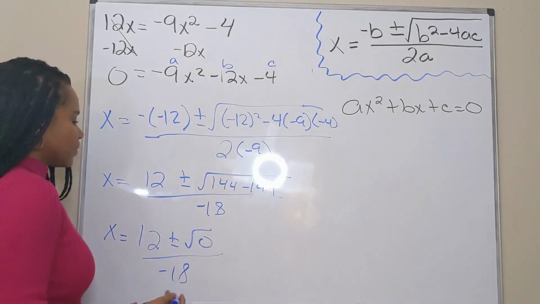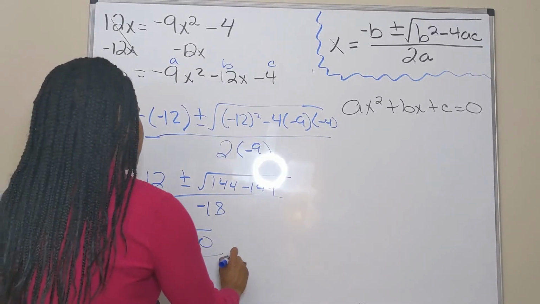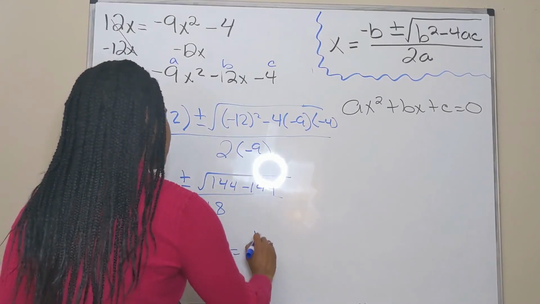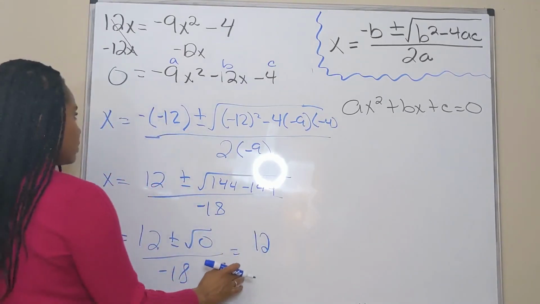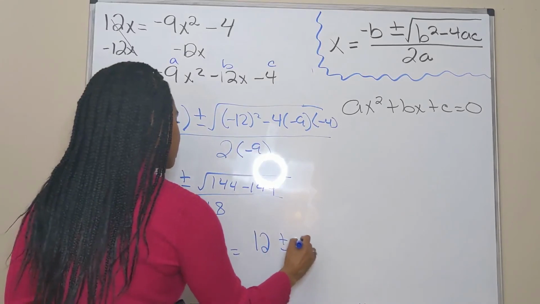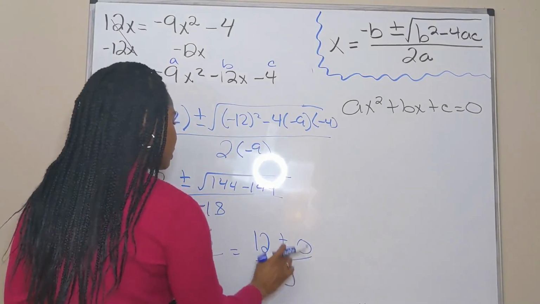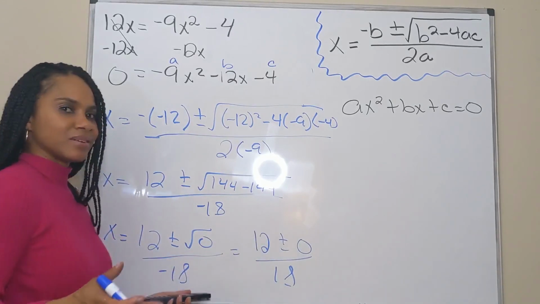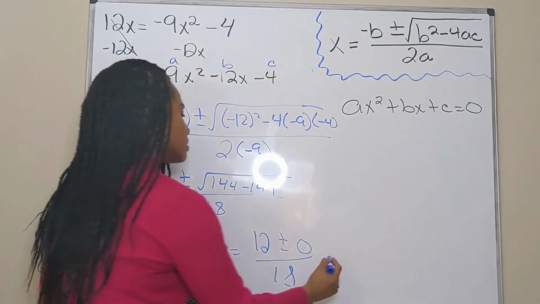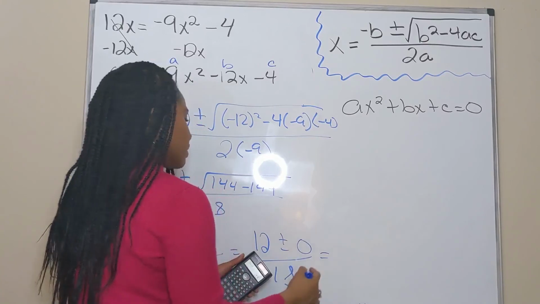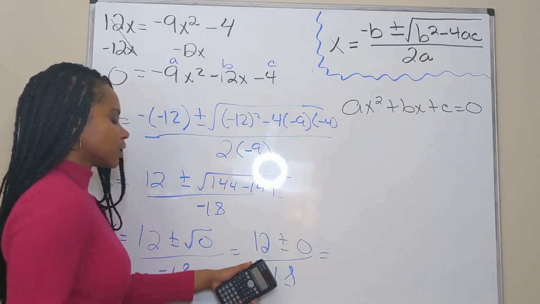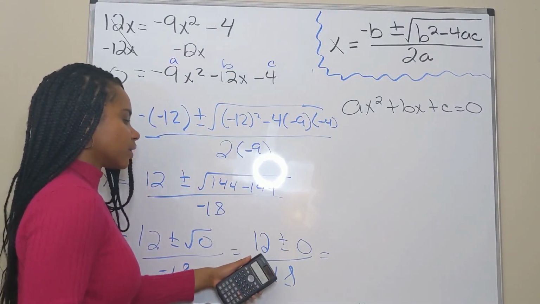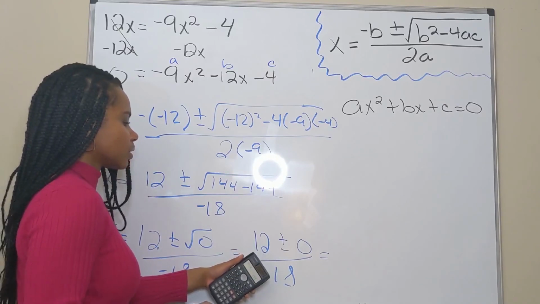The square root of 0 is just 0. So that's going to be 12 plus or minus 0 all over 18. And of course, if you add or subtract 0 from anything, it's going to be the same number. So instead of breaking it up, I'm just going to go ahead and reduce 12 over 18.